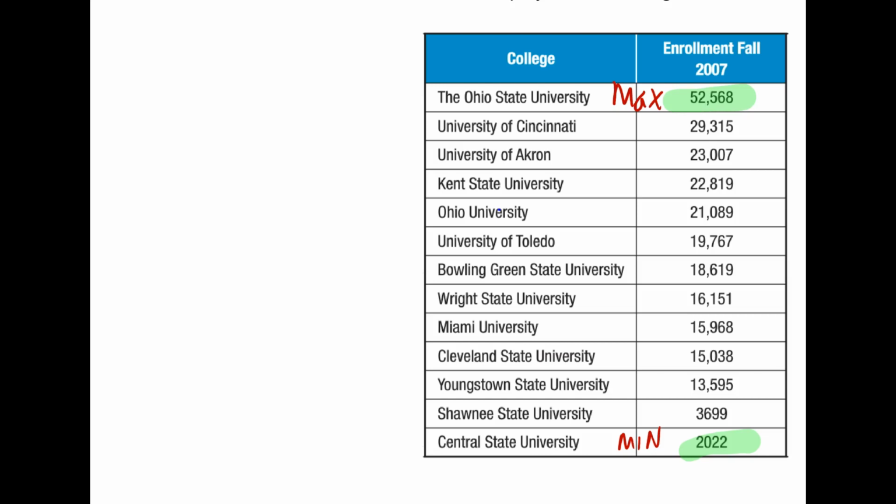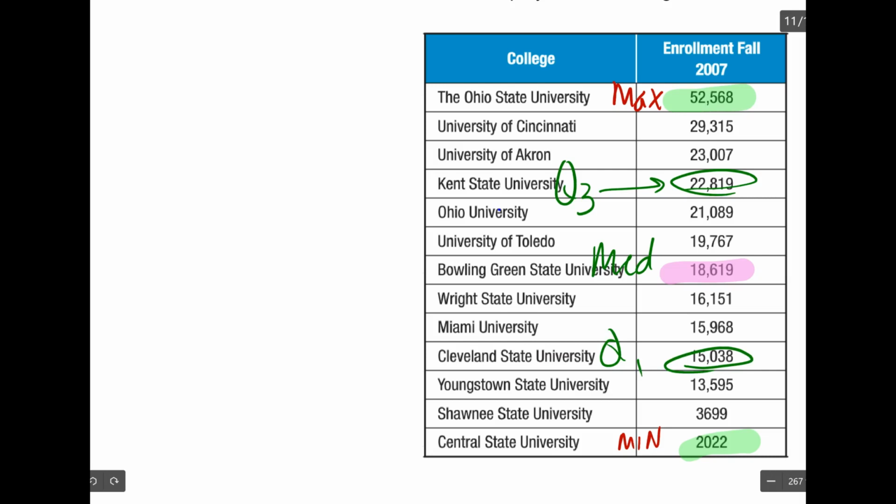Yeah, you're right. Okay, Bowling Green's the median. There's Shawnee State University, Bowling Green, median. All right, so halfway between, let's see, here. Kent State, this is Q3. Halfway between here, Cleveland, Q1.